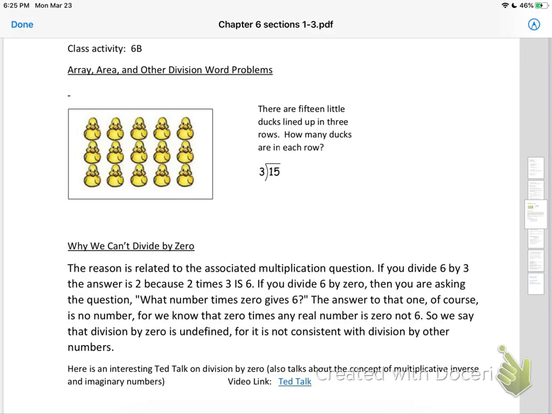So you want to know the amount of ducks in each. So here's your division. 3 divided by 15. You're going to get 5. What is 5? 5 is the number of rows. So here are your rows. Here are your columns. Here it is demonstrated in an array.